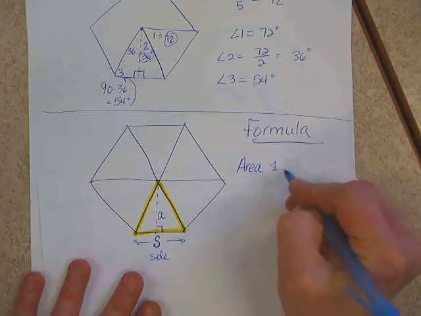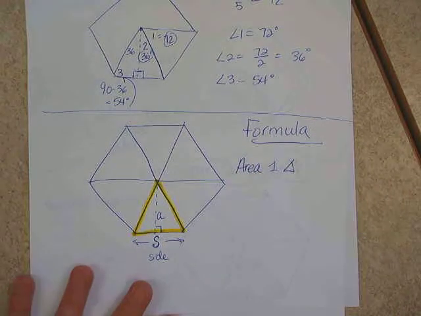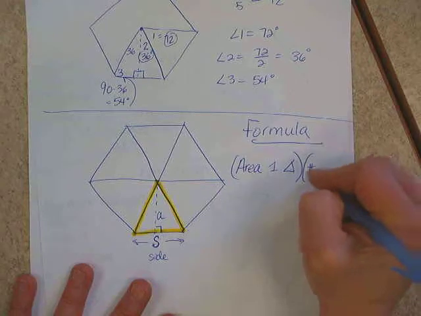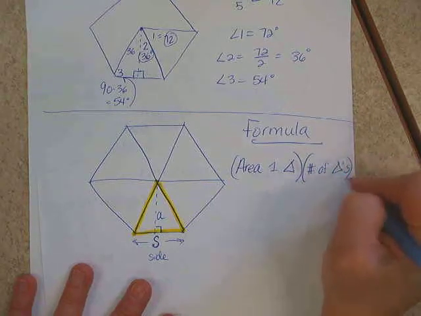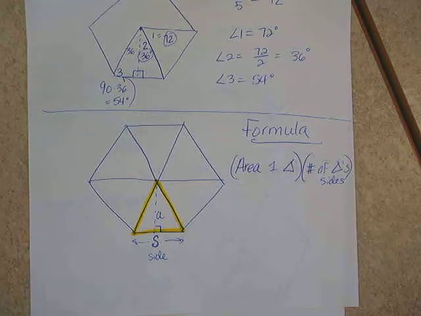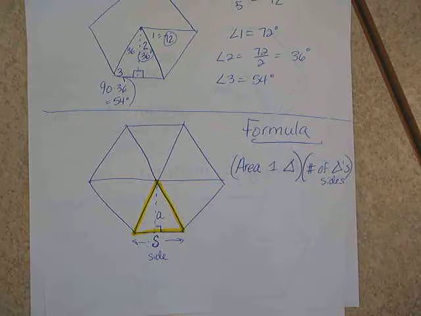Okay, that's my adaptation of the formula. So we're going to say, find the area of one triangle and multiply it by the number of triangles or sides, and you've got the complete area.